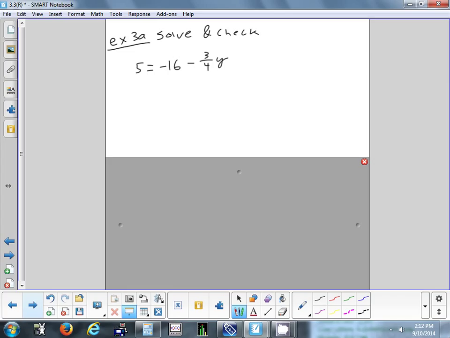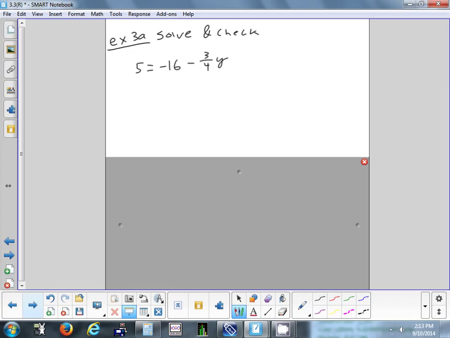Not substitution. Simplify. Is there any distributive property we need to do? No. Any combining like terms on the same side? No. So we're going to go to adding and subtracting. Is there any adding or subtracting we need to do here? Yes. What do we need to do?